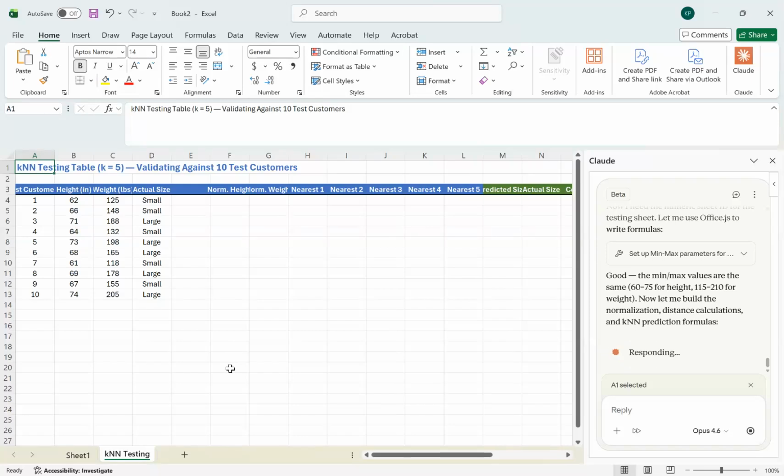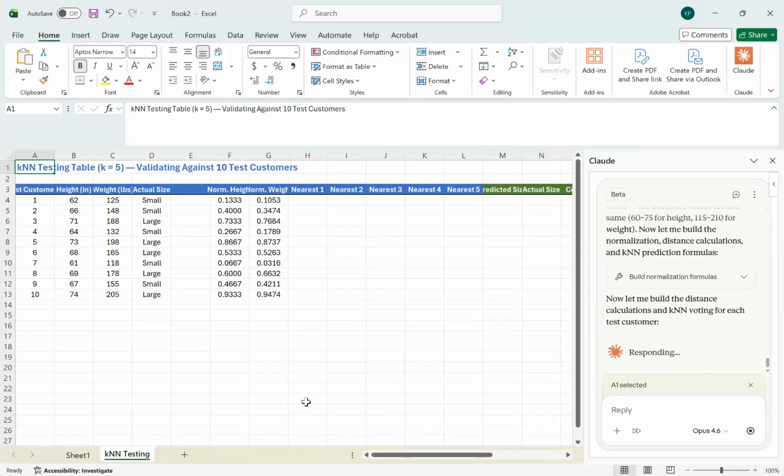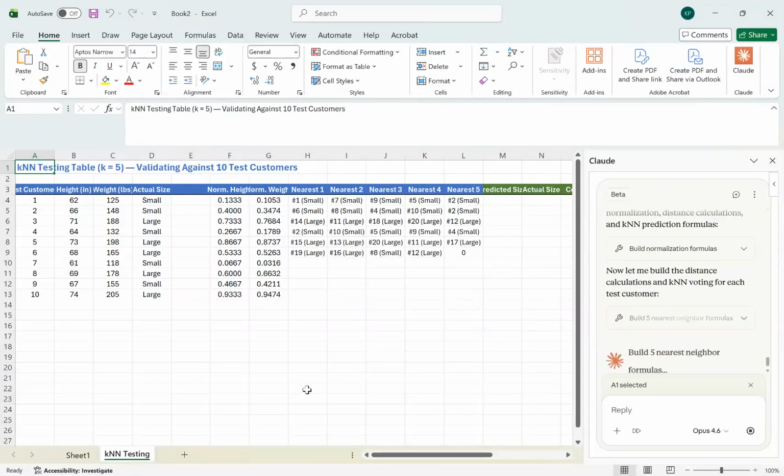So it created 10 customers as we asked it to, and we know the actual size t-shirt they bought, and it should get the recommendation now. And again, once Claude creates something, it's a good idea to always check the formulas to understand the concept as well.